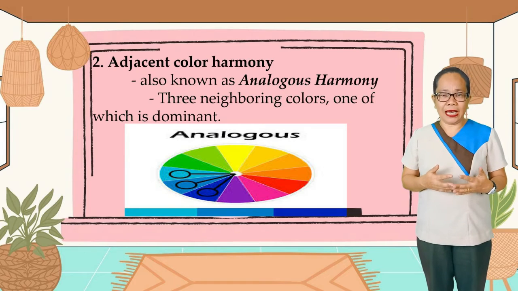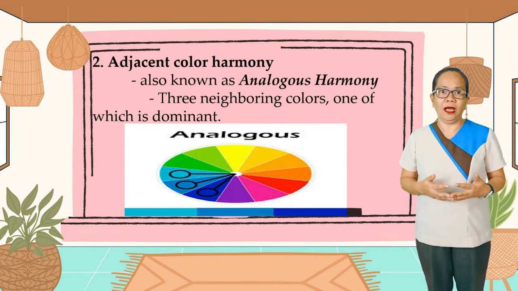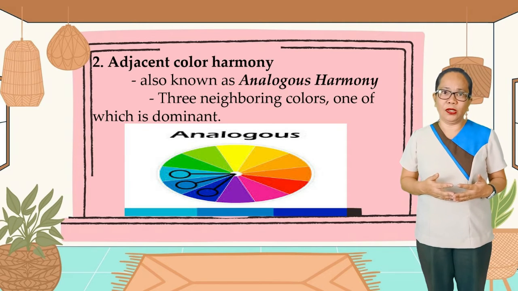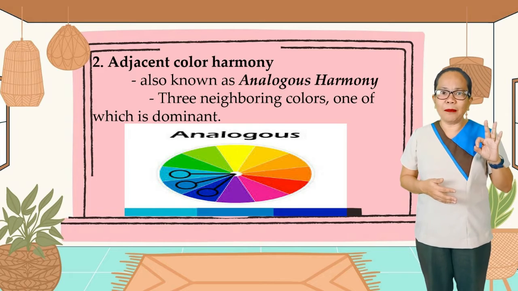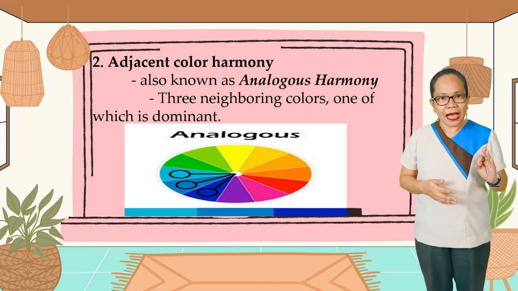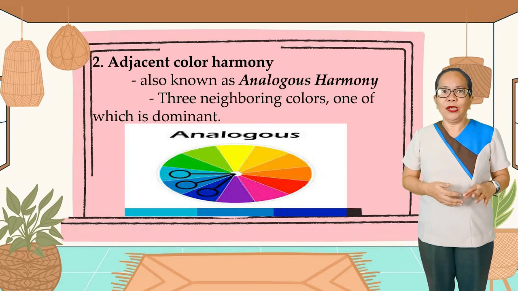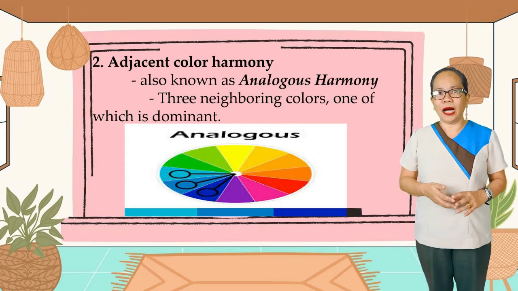Next, we have the adjacent color harmony, also known as analogous harmony. So, three neighboring colors, one of which is dominant. So, ibig sabihin, tatlo daw na magkakatabing kulay na kung saan ang isa ay lamang ang tingkad or kulay niya kesa doon sa dalawa. So, that is what we call analogous or adjacent color harmony.